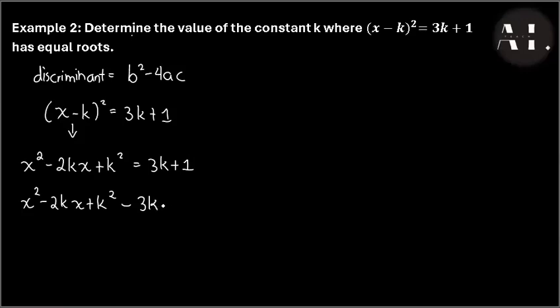So we will have negative 3k minus 1 on the left-hand side. Now, we can rewrite the equation in a way that k squared minus 3k minus 1 are combined.